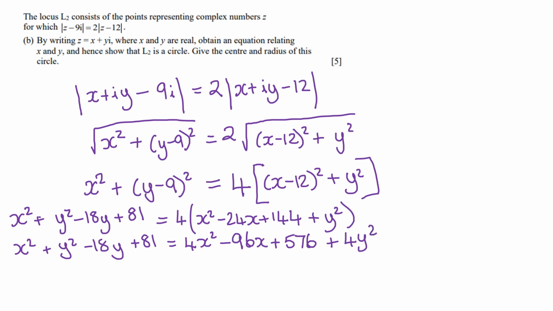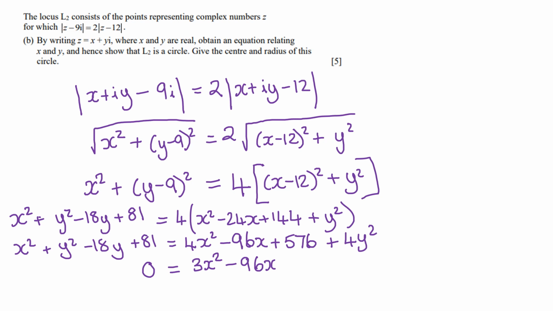Bring them all over one side, so put 0 there. How many x squareds have I got? Well, I've got 3x squared. I've got, how many x's? Oh, x is only 96, minus 96.